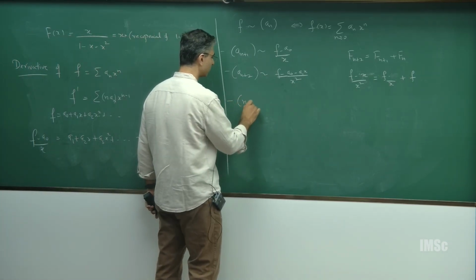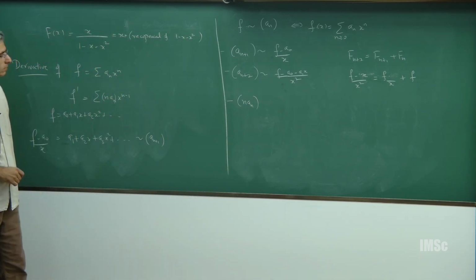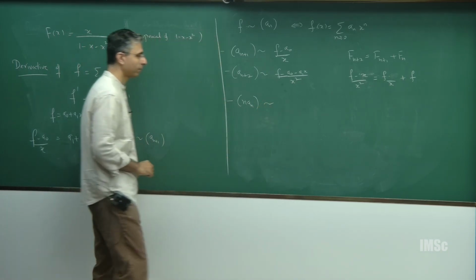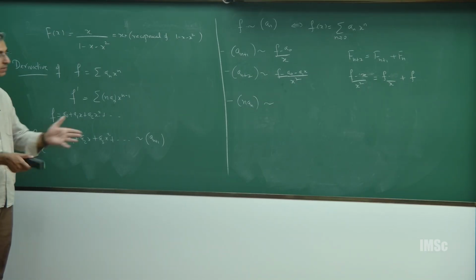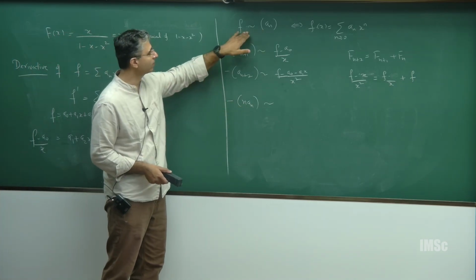What is the sequence for n times a n? You understand the question? Now we know the sequence for a n is f.